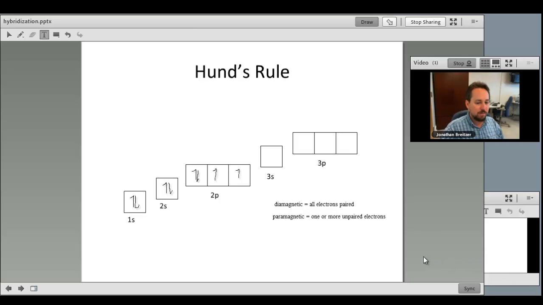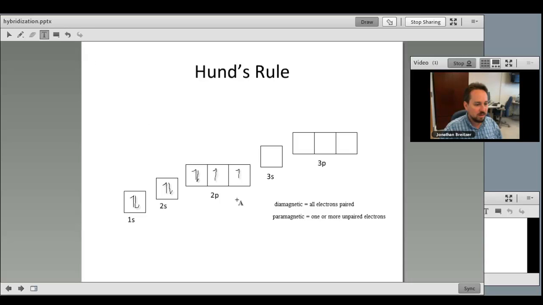So if we have a paramagnetic compound, it has one or more unpaired electrons in it. This is oxygen, which has 8 electrons total, and you notice that 2 of them are unpaired, so that makes oxygen paramagnetic.